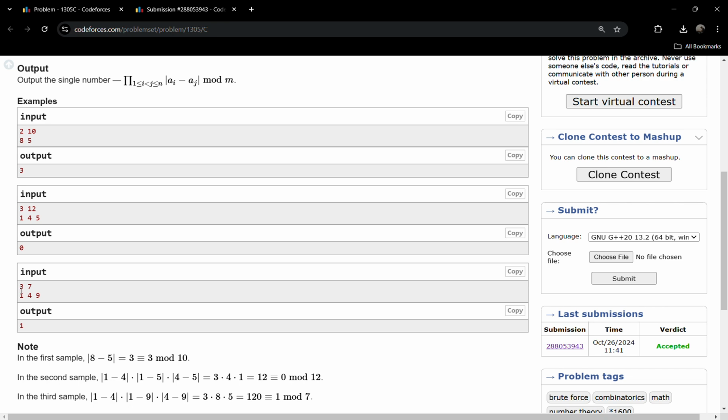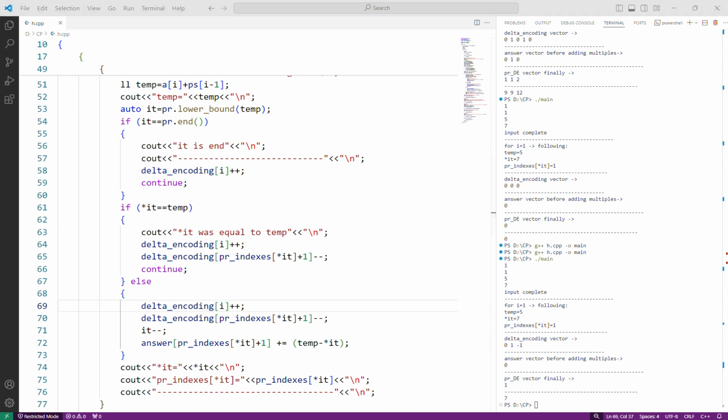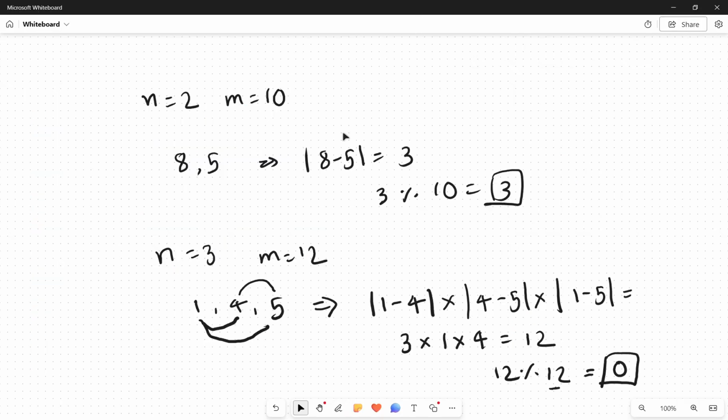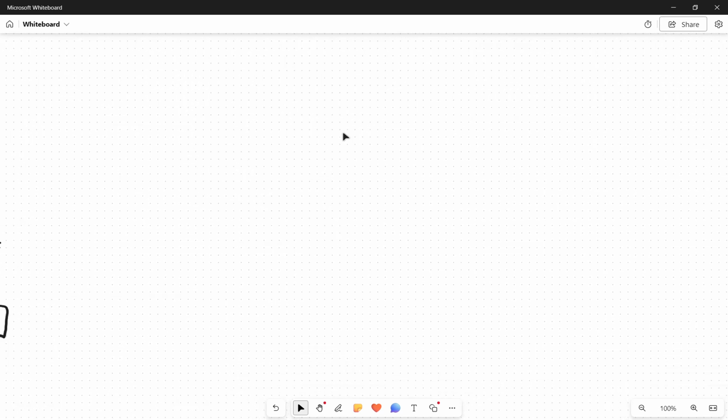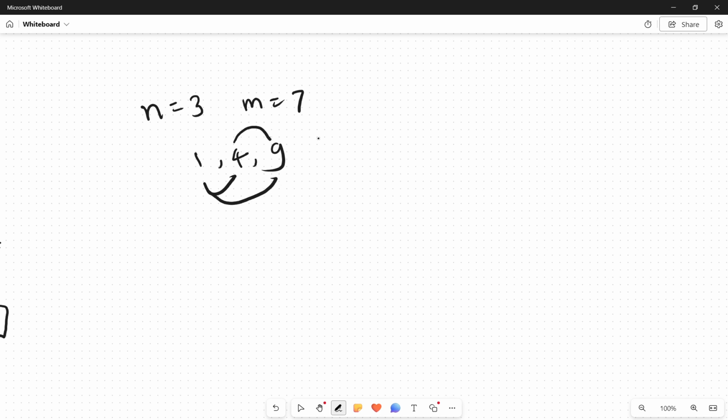In the third test case, n is 3, m is 7, and the elements are 1, 4, 9. Similarly to the previous test case, this is one pair, this is one pair, and this is one pair.